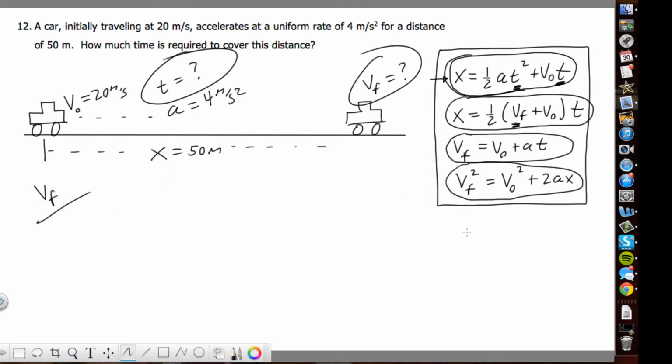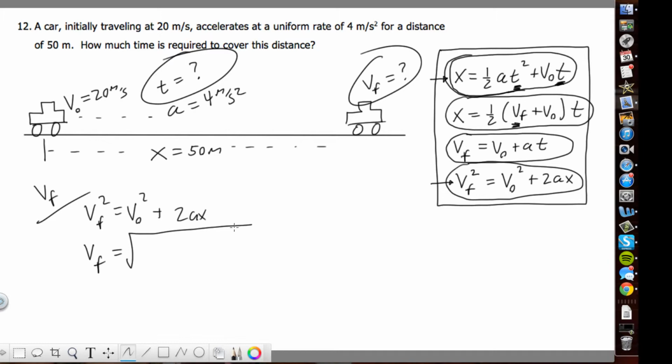Which equation could we use to get velocity final? The last one. So using that last equation, V final squared equals V initial squared plus 2ax. In my AP classes, I require that kids do the algebra before they put numbers in.